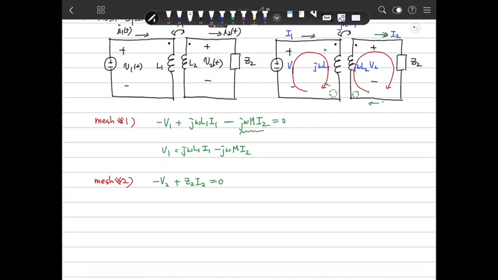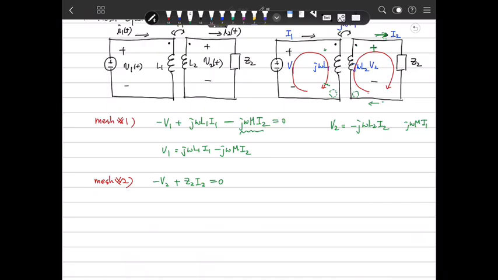So what is V2? V2 here, because the direction is going out from the positive, is I2, so minus jωL2 I2, and jωM I1.